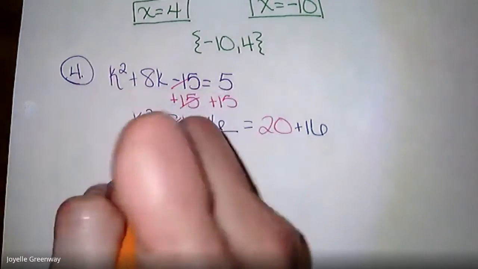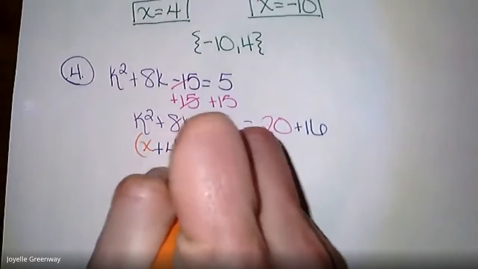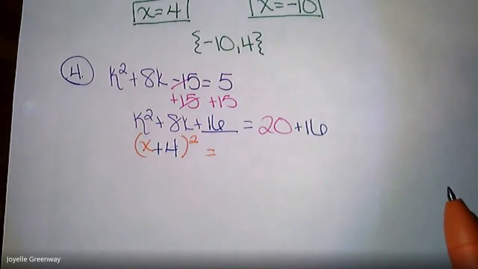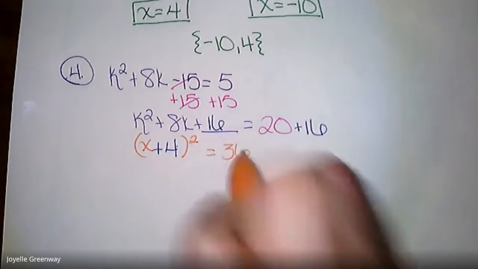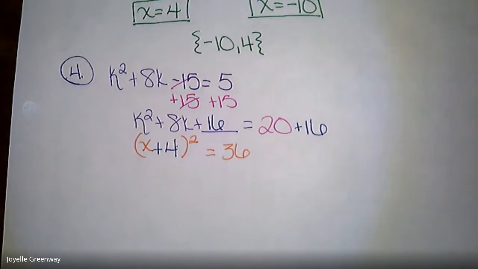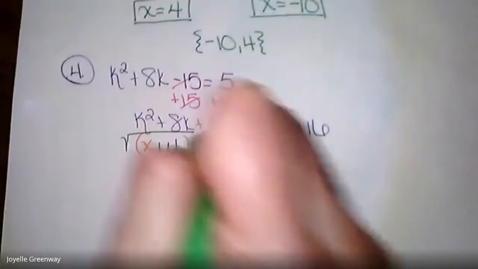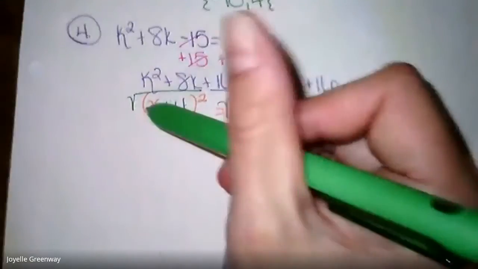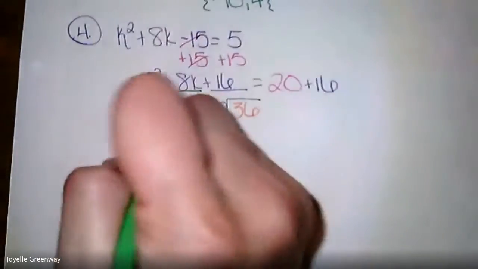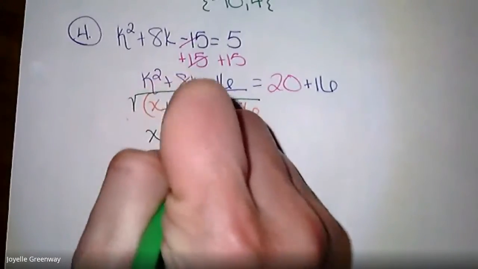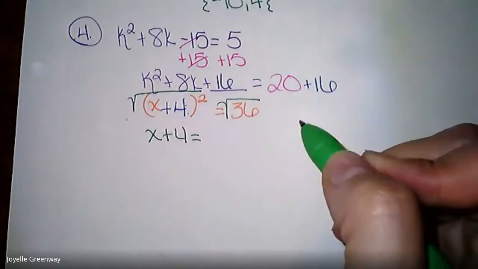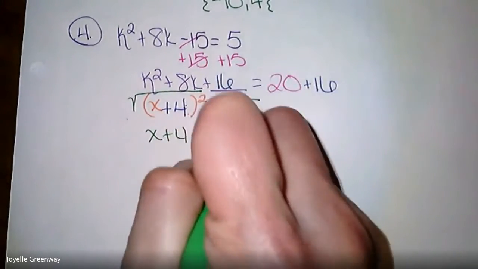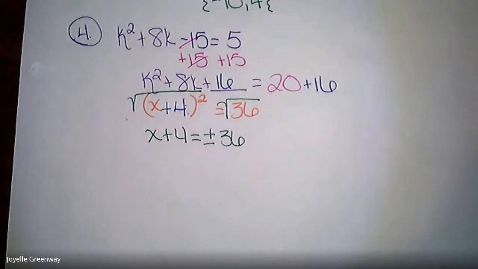So now I can do my little trick to save me time, and that equals 36. Then I can solve it, and I take the square root. So the square root of x plus 4 quantity squared is x plus 4 equals the square root of 36 is plus or minus 36.